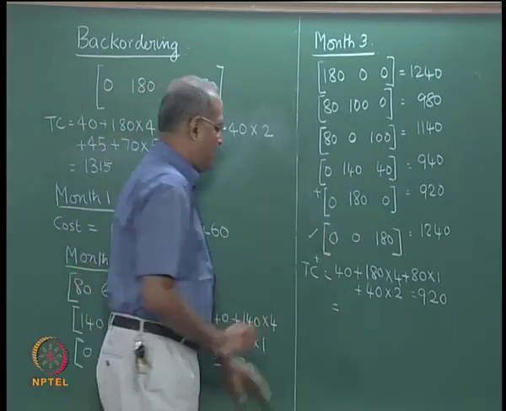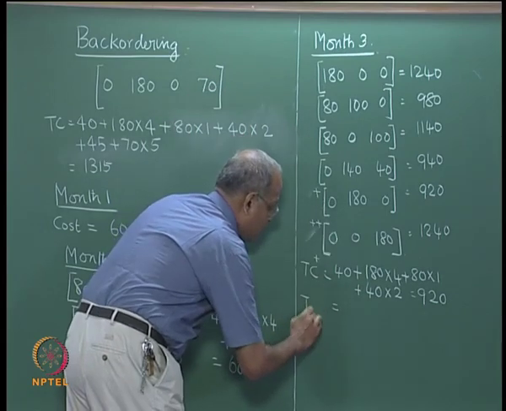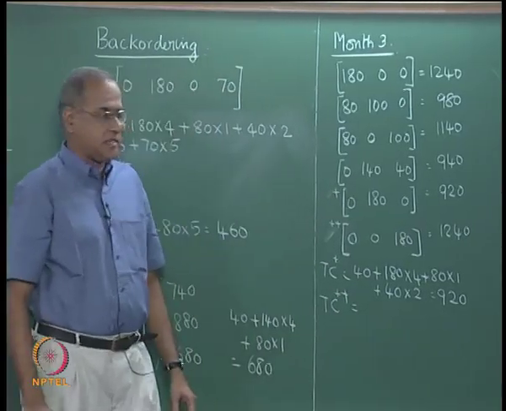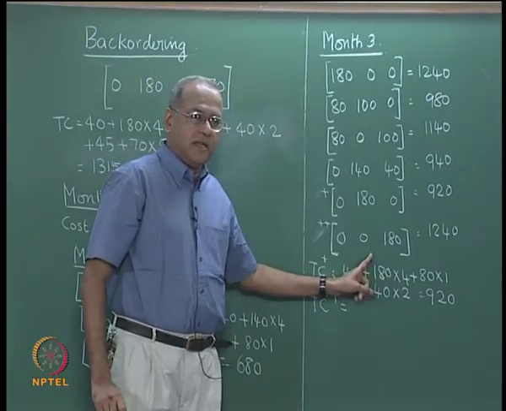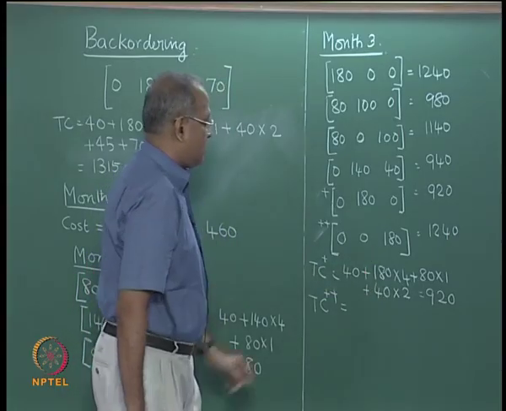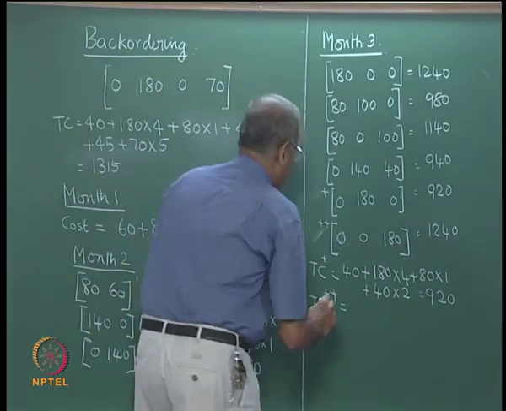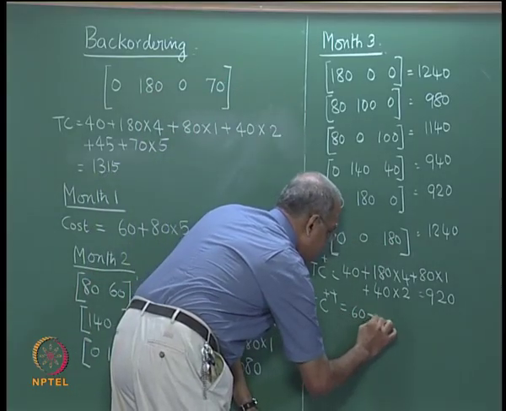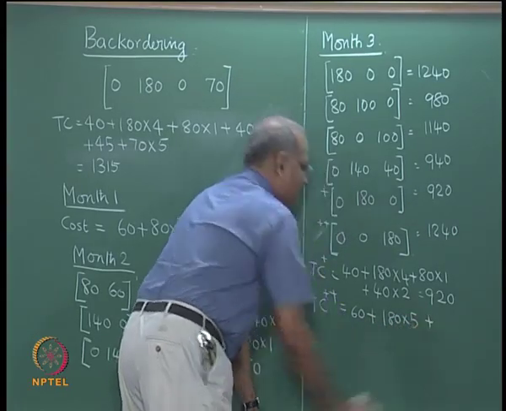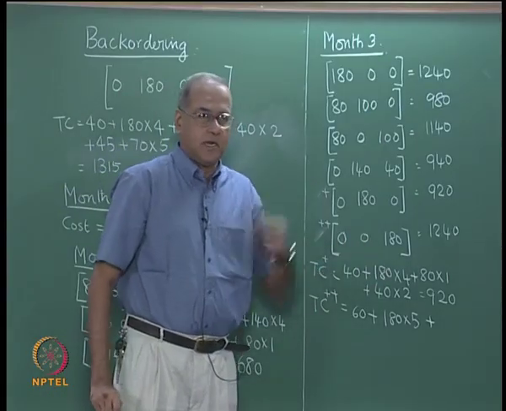Now, let us show the computation for this one. Let me illustrate this with 2 pluses just to show that we are looking at this computation. Here, as I mentioned earlier, there is no inventory, but there is back ordering. So, the production is done in the third period by incurring a setup cost of 60, plus production cost of 180 into 5, plus the demand for both the periods is back ordered.